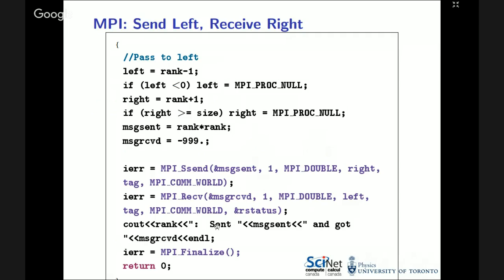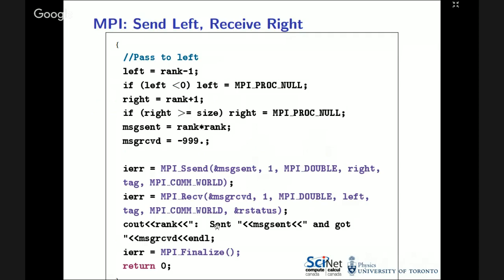So I have a leftmost neighbor. Looking at it this way, my left guy is over here, so he's going to be rank -1, and my right is rank +1. I'm this guy, so this is processor P. Then of course this guy is going to be P-1, and this guy is going to be P+1.